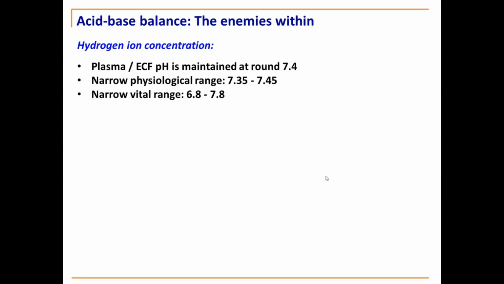So when we're thinking about it, we have to think about the hydrogen ion concentration. So hydrogen ions are the protons, and of course it's the protons that dictate the pH. So our plasma or our extracellular fluid pH is maintained in that 7.35 to 7.45 range, and it's a narrow vital range, somewhere between 6.8 and 6.9 up to nearly 8. And outside those ranges, you tend to die.